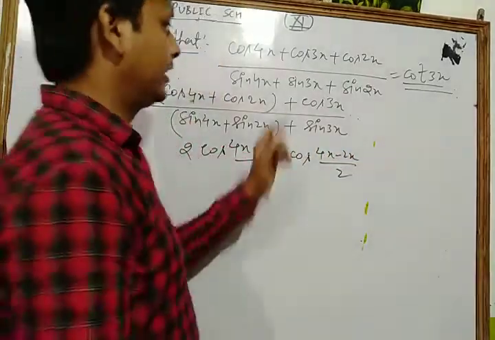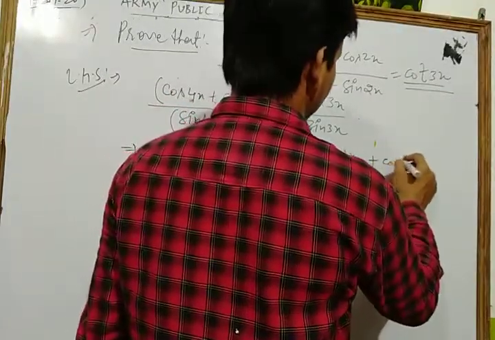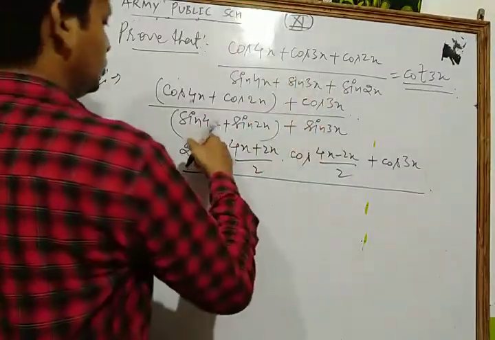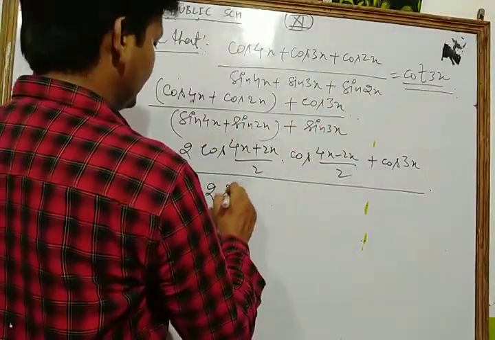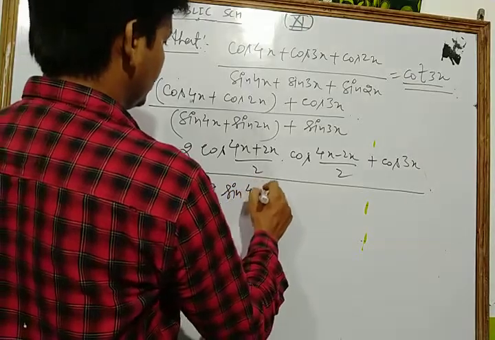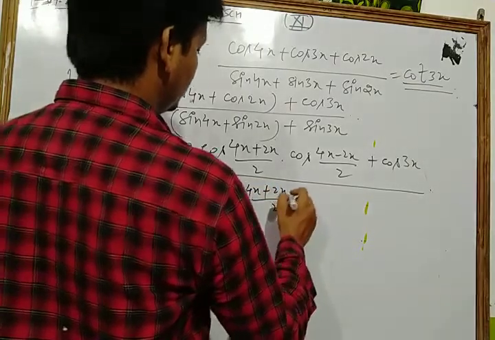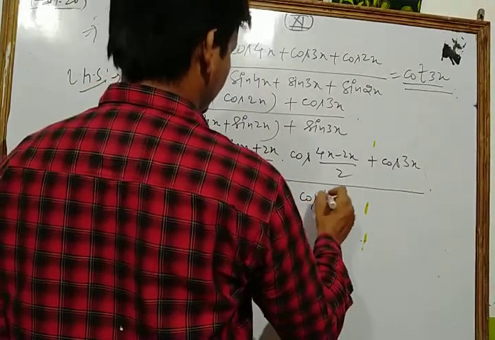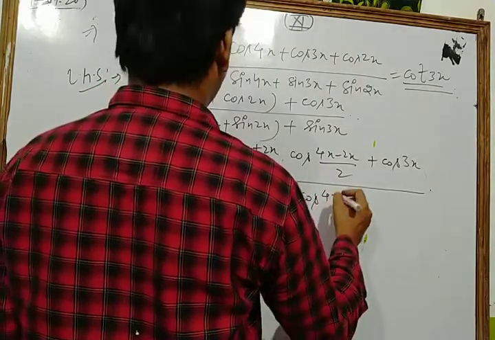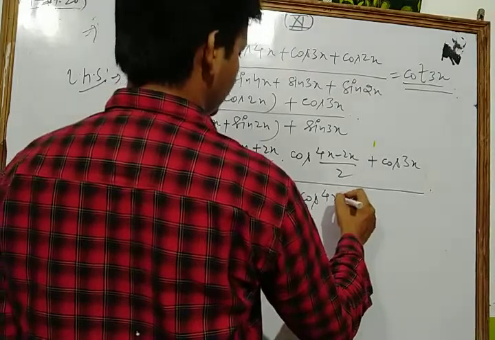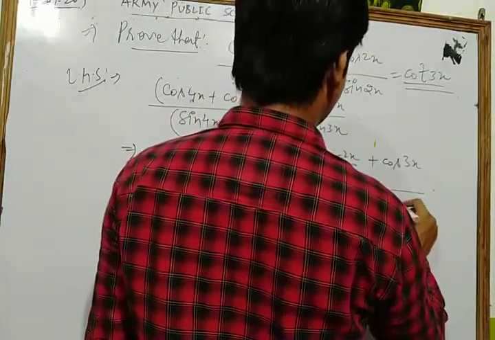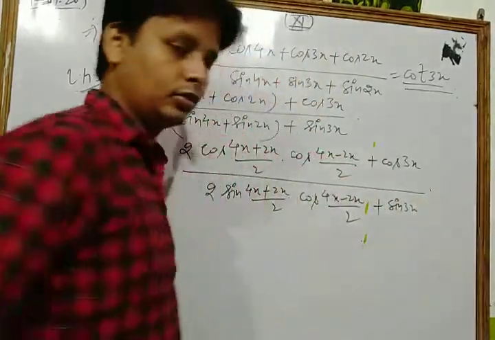Okay, and here plus cos 3x, right, as it is. Same work done in the denominator: 2 sin (C plus D) by 2 into cos (C minus D) by 2 plus here sin 3x.